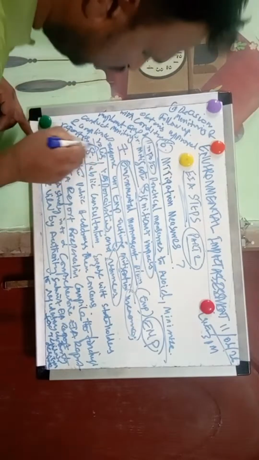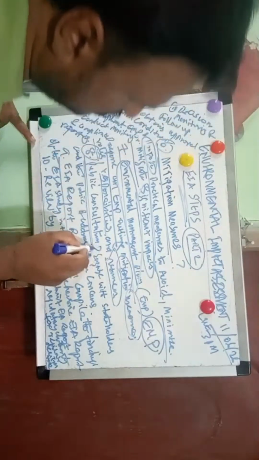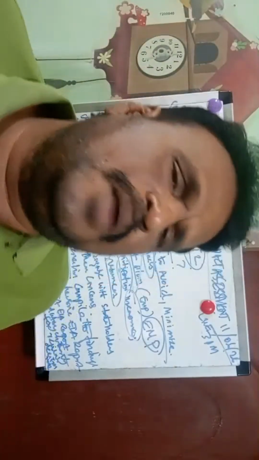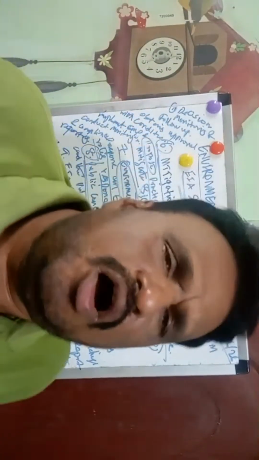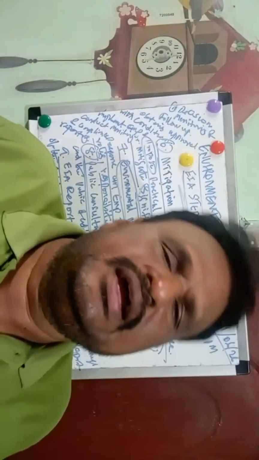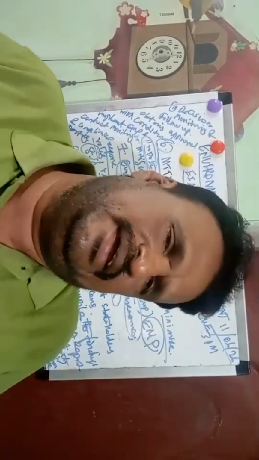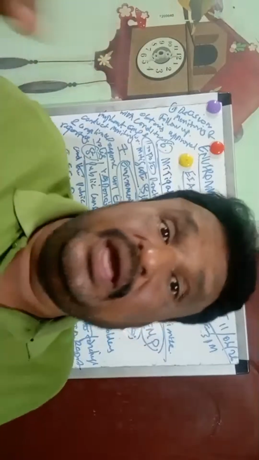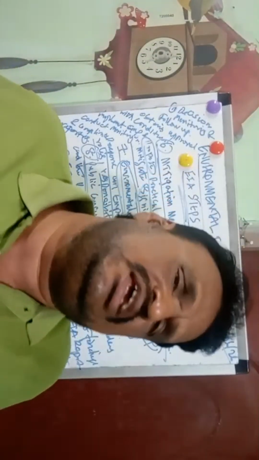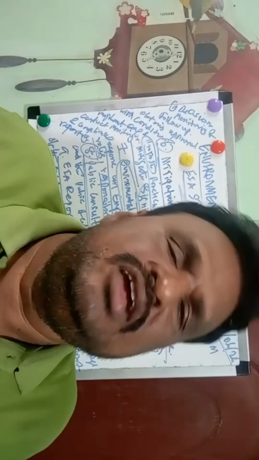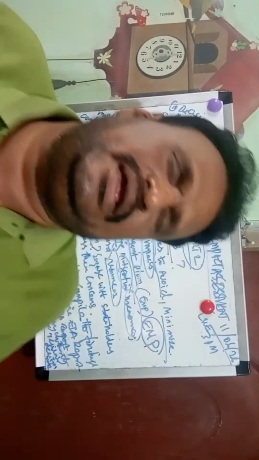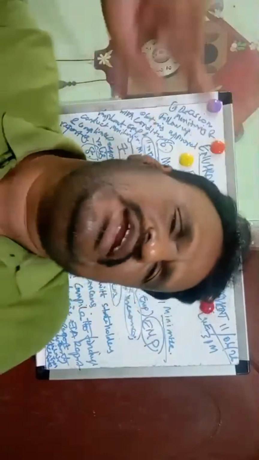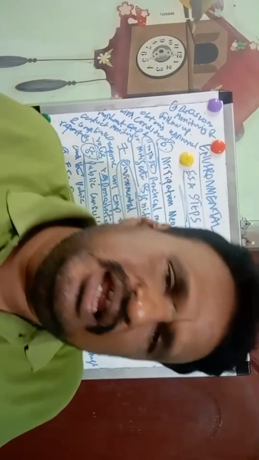Okay, then the 8th point, public consultation. After making the EMP, there will be a public consultation. All of you must know that there will be a public consultation for the EIA. For example, in a place where a big chemical industry or oil and gas industry or any major industry is coming, there are nearby living communities.